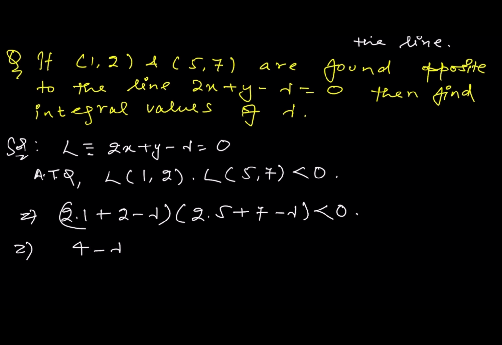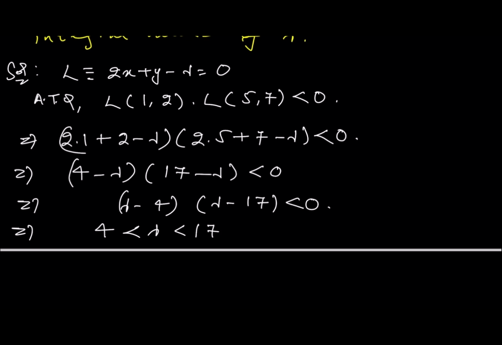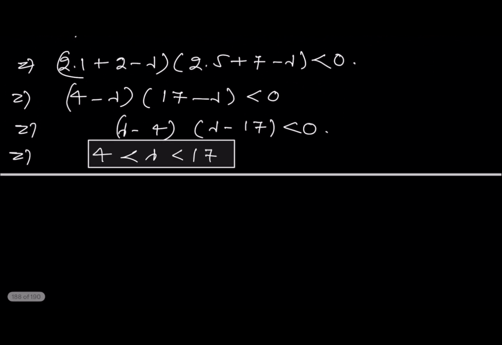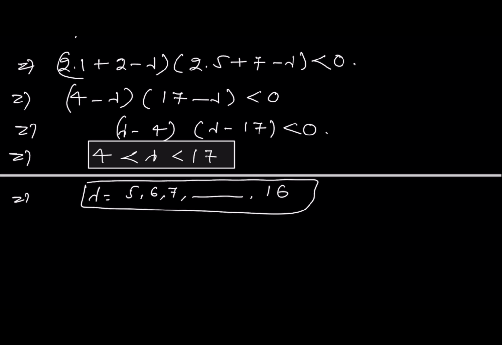Means (4 minus lambda) into (17 minus lambda) should be negative, or (lambda minus 4) into (lambda minus 17) should be negative. This implies lambda is lying between 4 and 17, open. It means the integral values of lambda will be 5, 6, 7 and so on up to 16. These are the possible integral values of lambda.